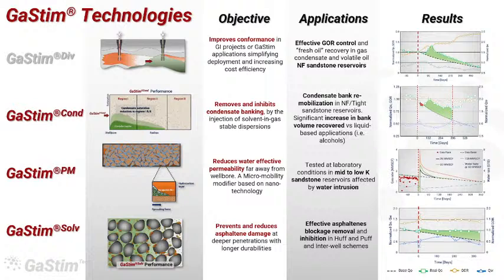The GaStim DF is applicable to both matrix and natural fractured reservoirs, as several of our pilots have shown. And again, it showed way more advantages and positive effects when we compared it to different conventional liquid-based applications in these foam treatments, like surfactant and gas injection.